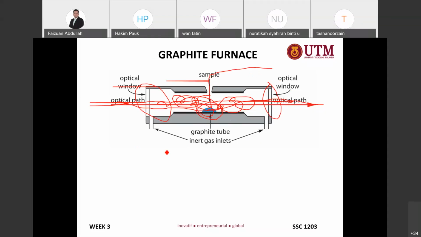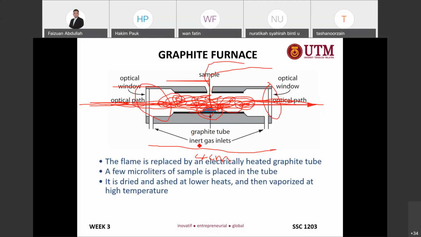The graphite furnace is not so big. We can hold it with our fingertips. It's very small, about 4 cm. So the auto sampler will pump a droplet of sample inside. Then the sample will be heated and vaporized just inside the tube, so that it can absorb the light that passes through the graphite furnace.